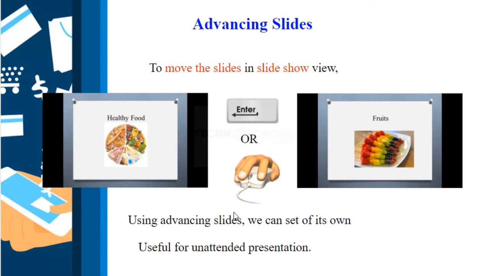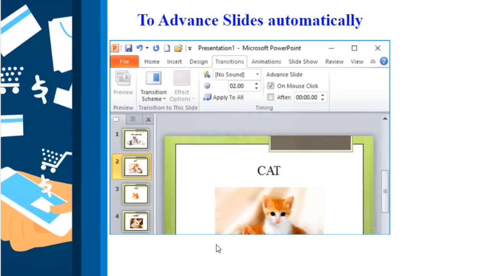Using the Advance Slide settings in the Timing group, you can set your presentation to advance on its own and display each slide for a specific amount of time. This is useful for unattended presentations, such as at a trade show booth.